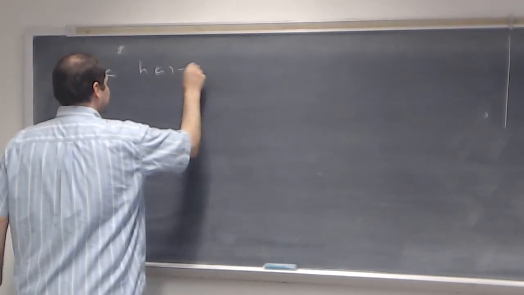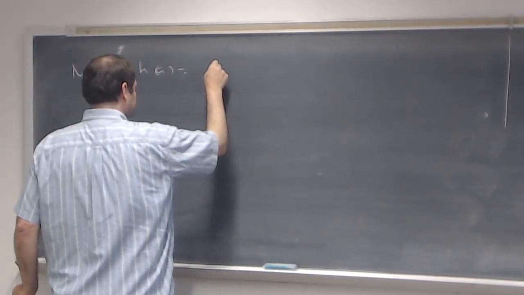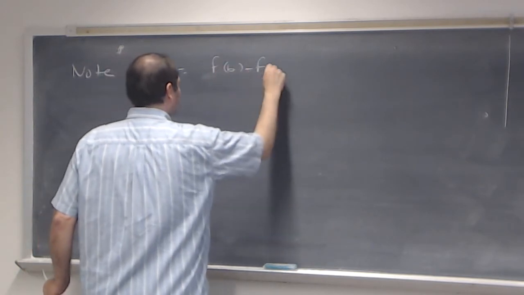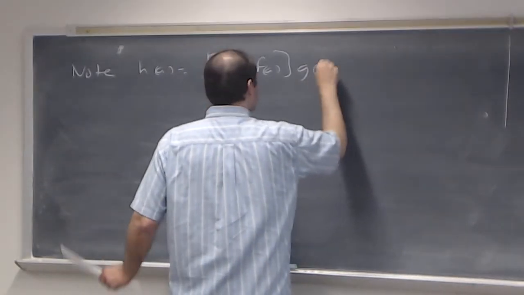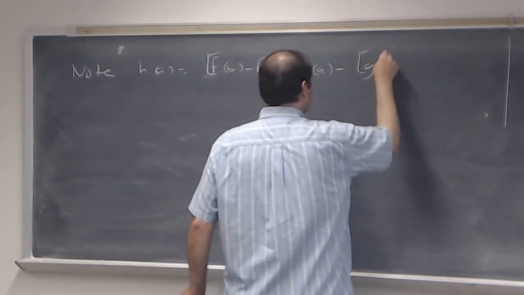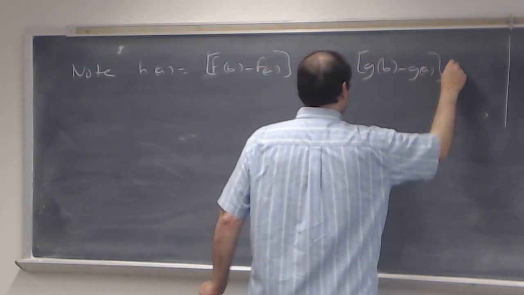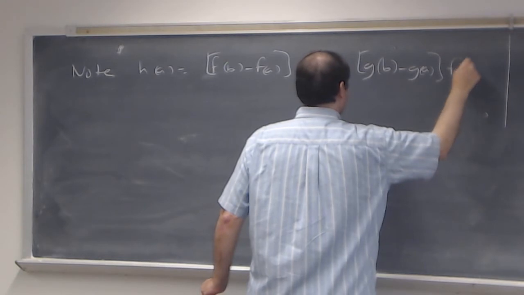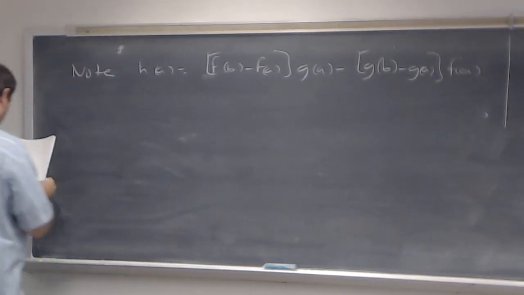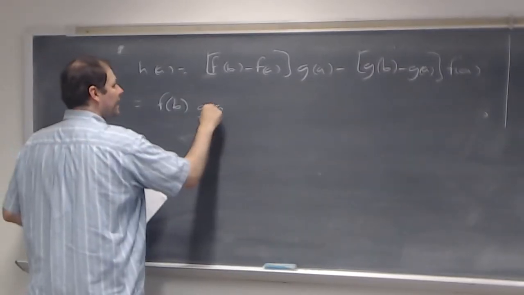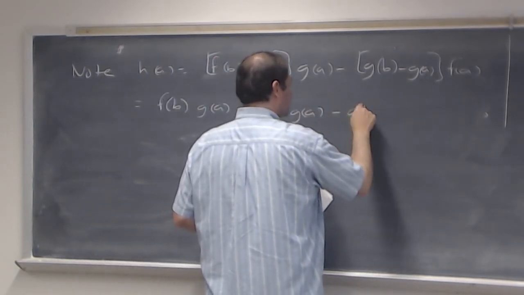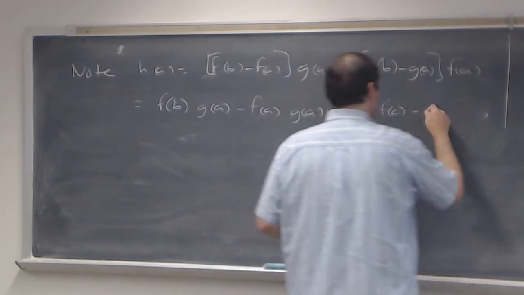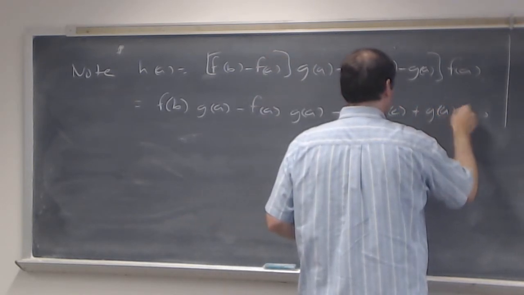If you look at what h of a is, it's equal to f(b) minus f(a) times g(a), minus g(b) minus g(a) times f(a). And if we multiply this out, we get f(b)g(a) minus f(a)g(a), minus g(b)f(a), minus, a minus makes a plus, g(a)f(a).